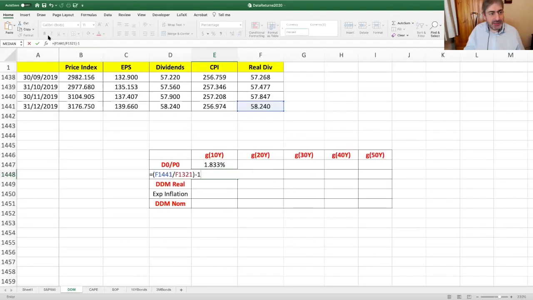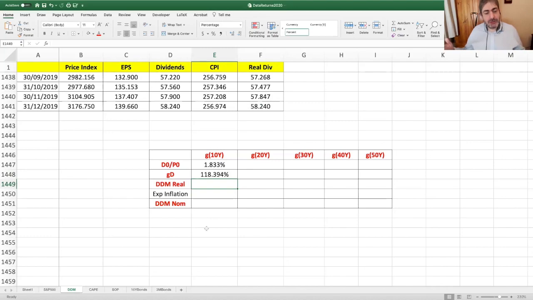So basically it is F1441 divided by F1321 minus 1. That's basically dividend in time t minus dividend in time t minus 10 divided by dividend in t minus 10. Okay? If we do this, we get 118%. So that's the total growth of the dividends over 10 years.